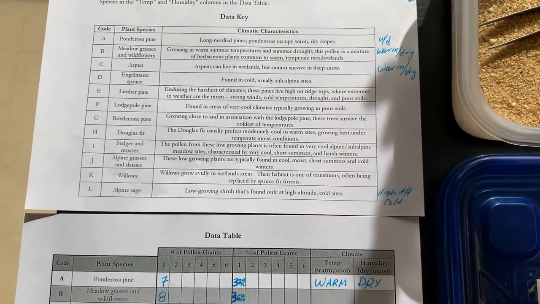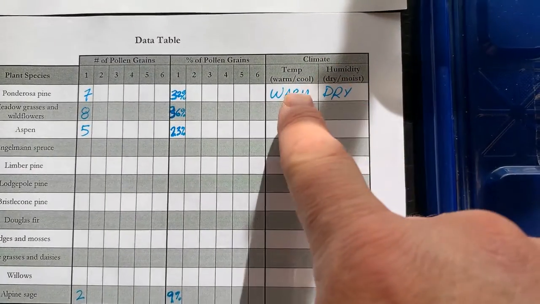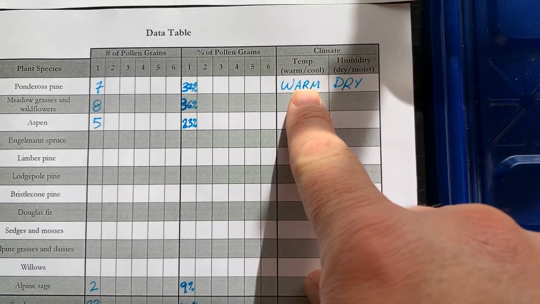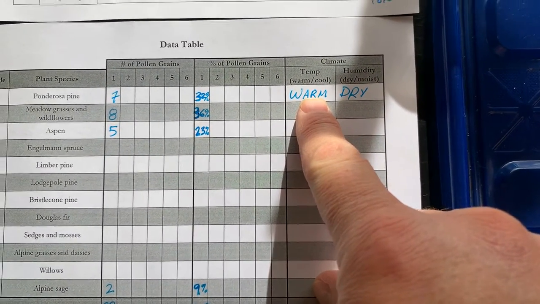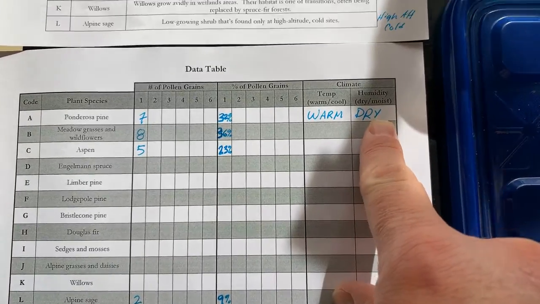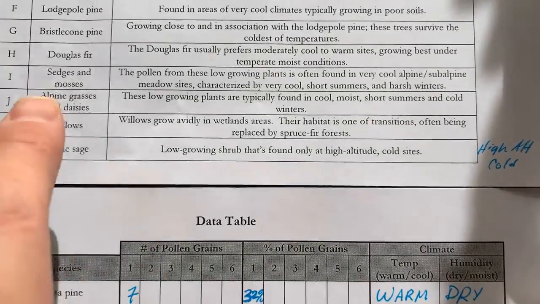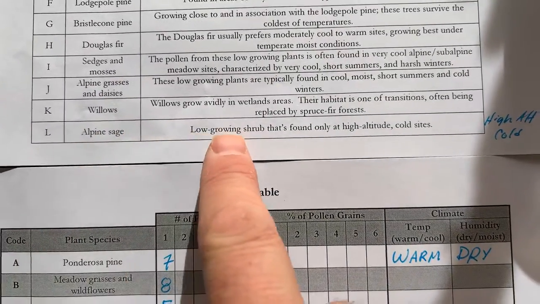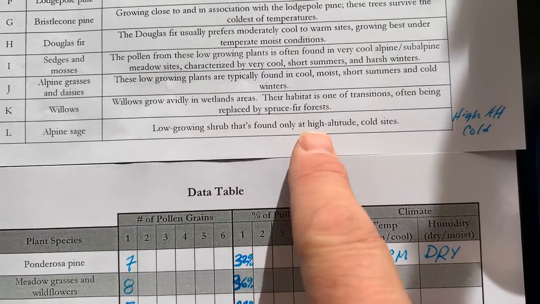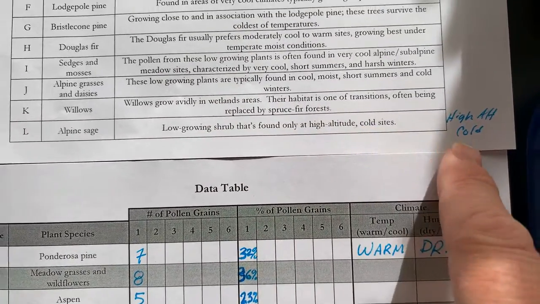So when I go to my climate and put temperature, I'm going to put warm, because the majority of these said warm and the majority said dry. Now I will note that alpine sage, L, of which there are 2, is a low-growing shrub found only at high altitude and cold sites.